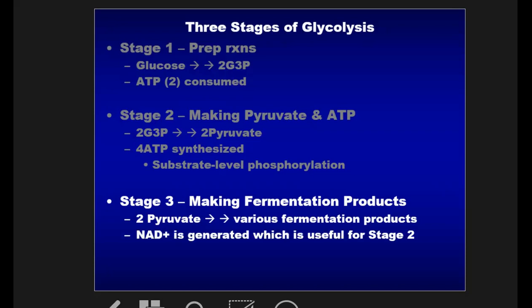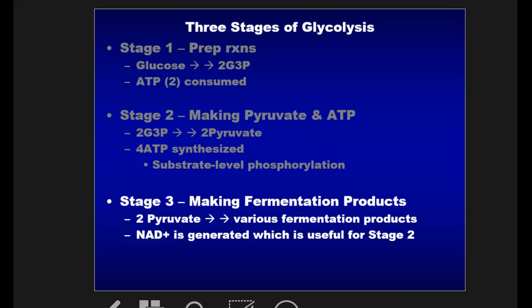And so one of the upsides of stage 3, and I'll go back to showing you the figure, is that NAD plus gets generated. And that's good. And so NAD plus links back to stage 2 of glycolysis. And you have to realize that microbes, as well as far as I know any living organism, don't really have a ton of NADH to play with.